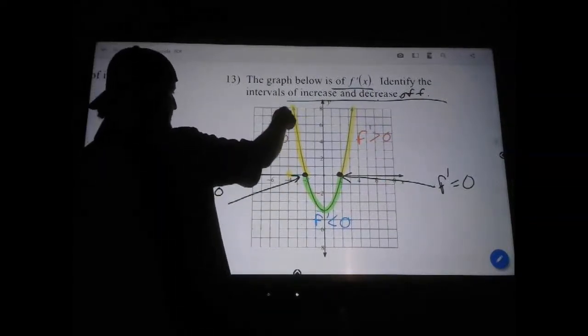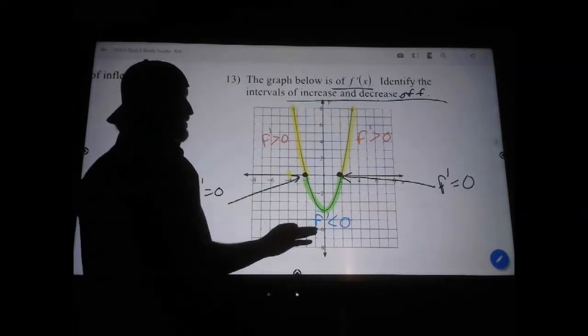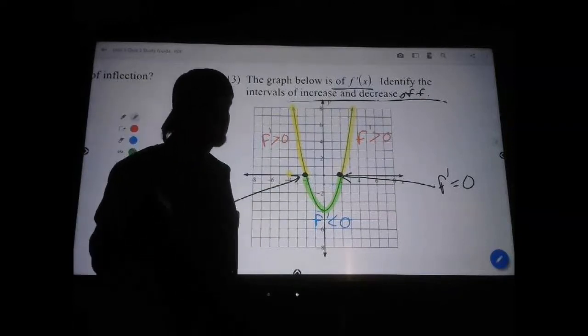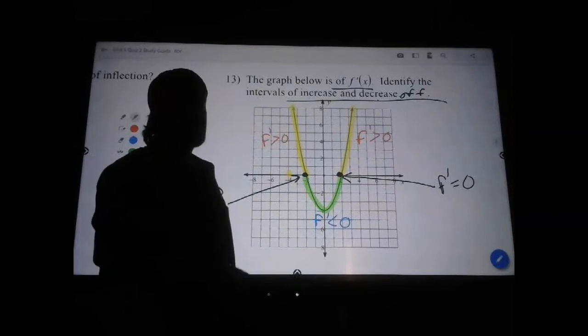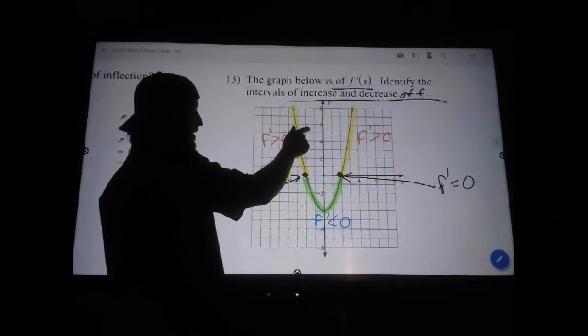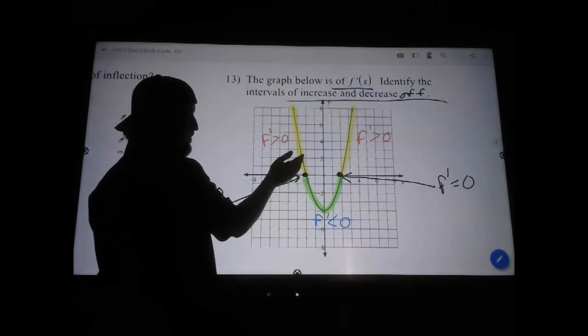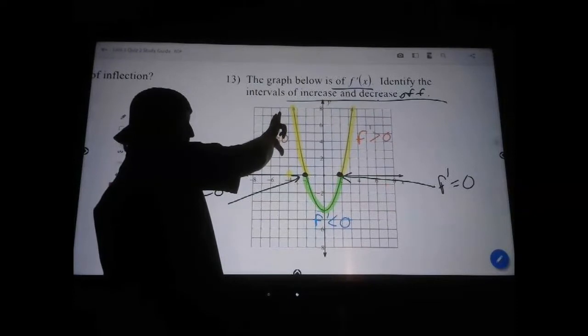Well, the yellow regions are where the slope is positive. Now, some of you guys might be really confused right now because you're thinking, Mr. Bailey, that's a negative slope. I understand that what you're looking at here is a negative slope, but remember, this is a graph of f prime, and f prime is positive when it's above the x-axis, right?